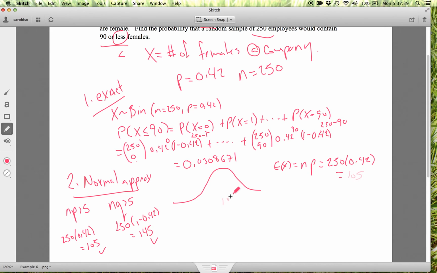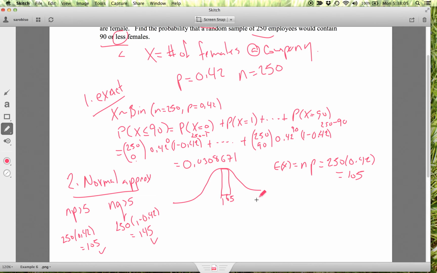So the value in the middle is 105. The only problem with binomials is that they're discrete random variables. They're represented by histograms, by rectangles. So there is a rectangle at 105, and the middle of the rectangle would be the 105.